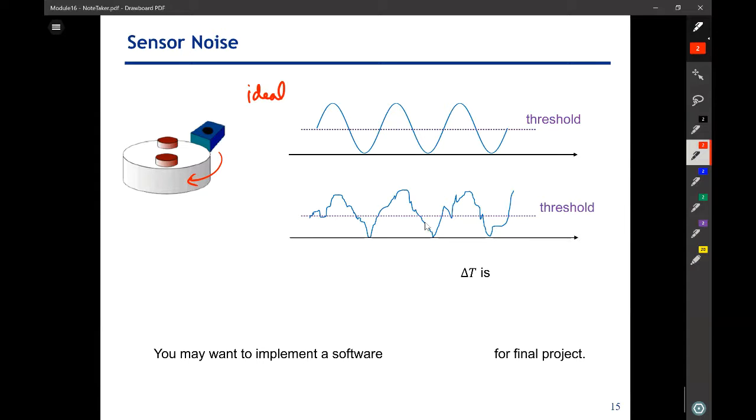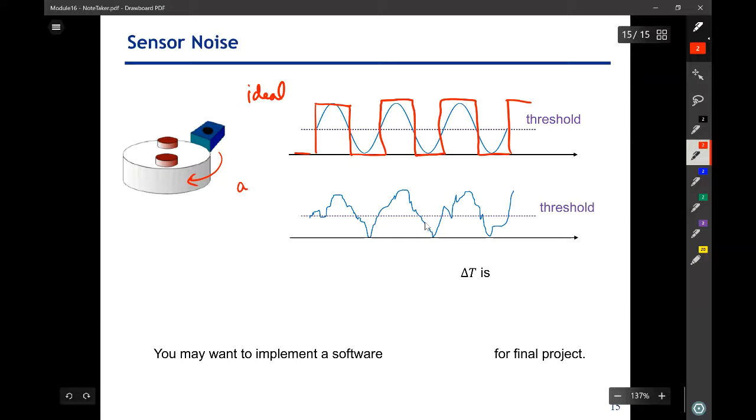If the voltage is greater than this threshold, then we consider that as high, otherwise low. So we have very nice pulses like this. This is really the ideal case.